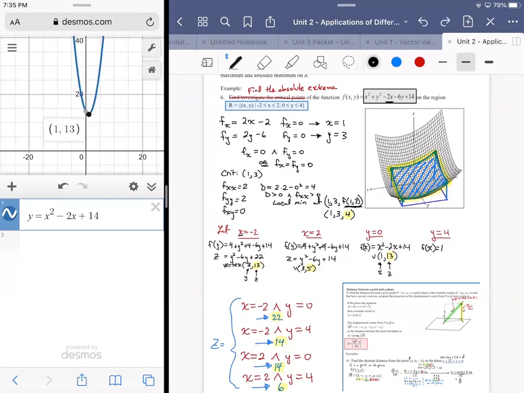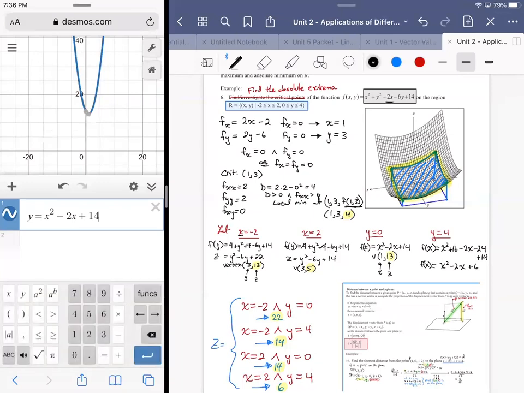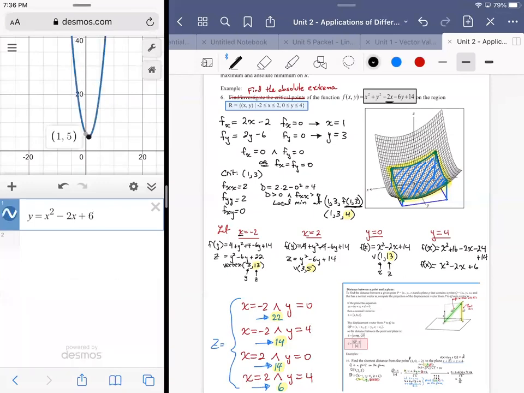Oh, sorry, I subbed in for the wrong thing. x squared plus 16 minus 2x minus 24 plus 14. All right, so x squared minus 2x plus 6, 30 minus 24. So (1, 5) would be the vertex.